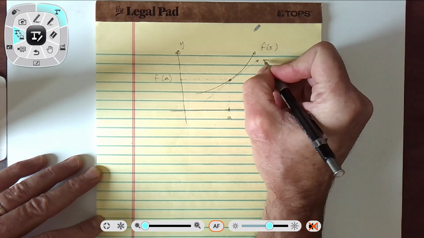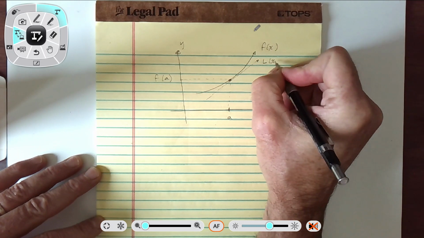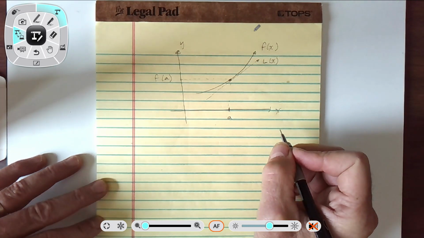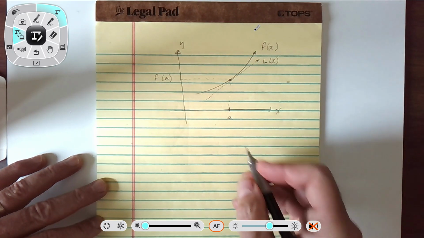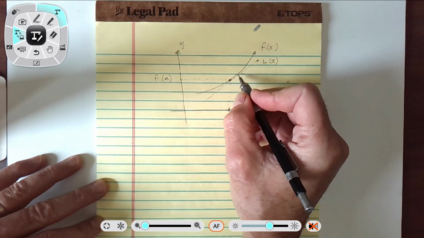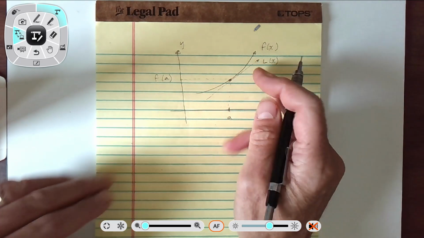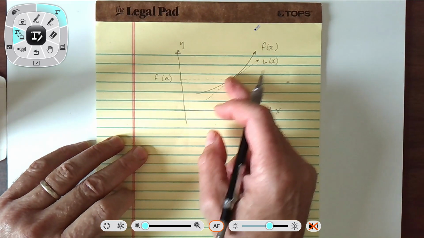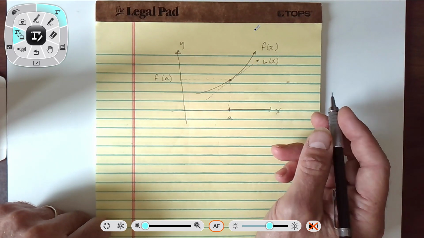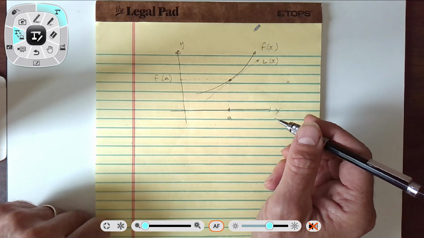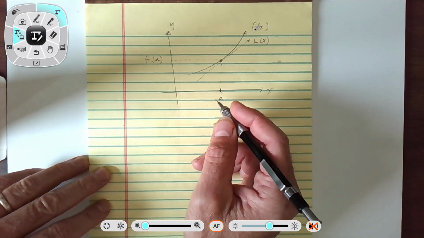And that line we're calling the local linearization, so we'll call it big L(x). And we know that this line approximates this function in this neighborhood around a, right? There's some sort of bracketed neighborhood where these two functions are very close in value. Okay, so that's what we're after.